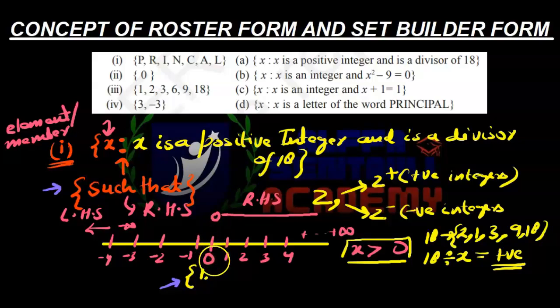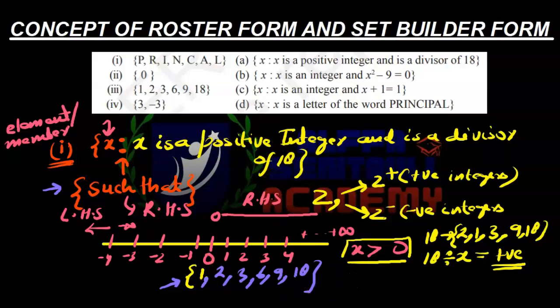I am starting from the smallest number, that is 1. 1 is such a number, and the other ones are 2, 3, 6, 9, and 18. So these are our numbers which satisfy this condition, that is, x is a positive integer and is a divisor of 18. So this is our solution.